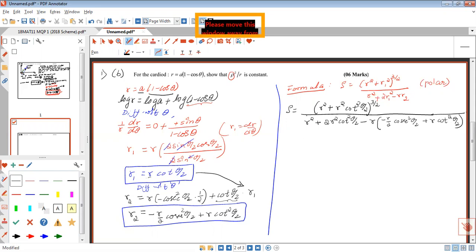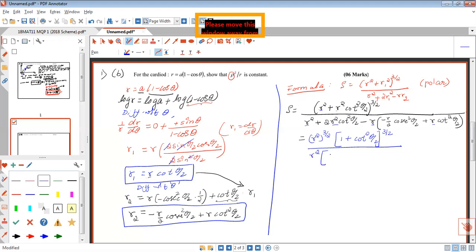Now r square is common in the numerator. We can take r square out, that is r square to the power 3 by 2 outside. So remaining is 1 plus cot square theta by 2, to the power 3 by 2. In the denominator, you can take r square out.